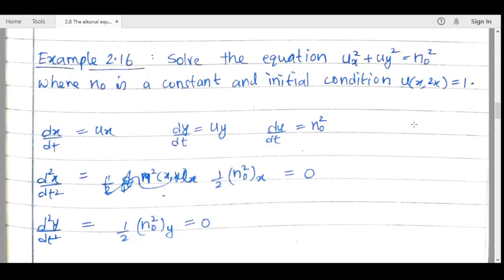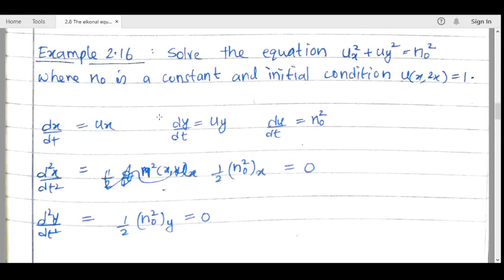So here you can see the first initial condition we will get from here, and to get the second initial condition we need to find del u, that is the gradient of u. But since u is constant here, we will see how to find the second initial condition. As we did in the theory part, we have dx by dt is u_x, dy by dt is u_y, du by dt is n naught square.